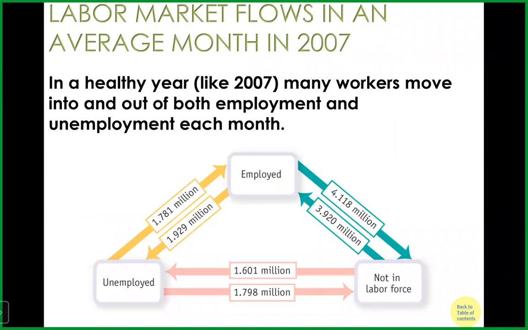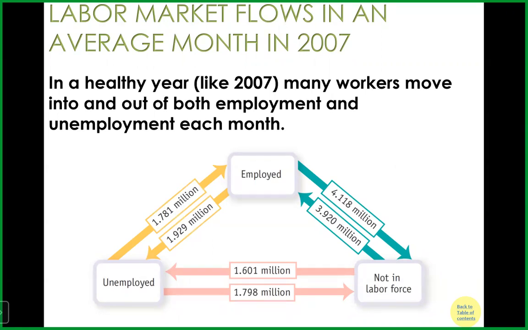But before I explain what those 3 different types of unemployment are, let's take a closer look at the labor market. This is how the labor market looks in a typical year. The best way to understand that is to do some abstract thinking.